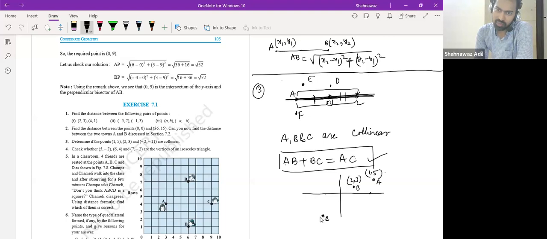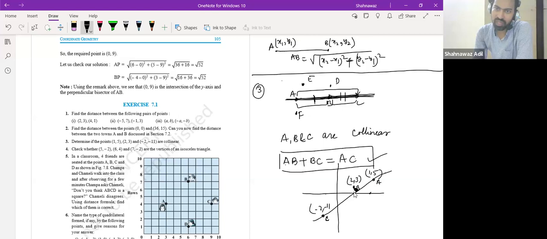Right. And if I want to prove this, okay, let's say this is B, this is A, and this is (-2, -11).